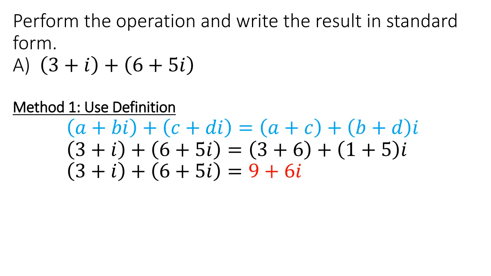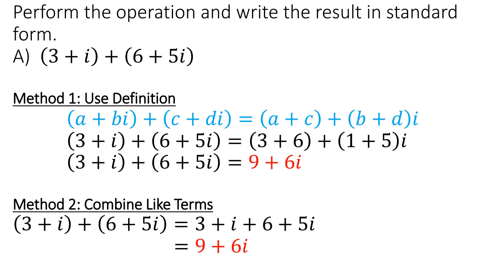All right, let's look at a second method, combining like terms. You could have just written them all together, 3 plus i plus 6 plus 5i, and then just combine like terms. I have a real 3 plus 6 that gives 9. I have an imaginary i plus another 5 imaginary i's, so I add those and get 6i.